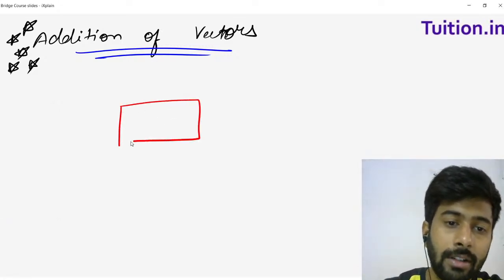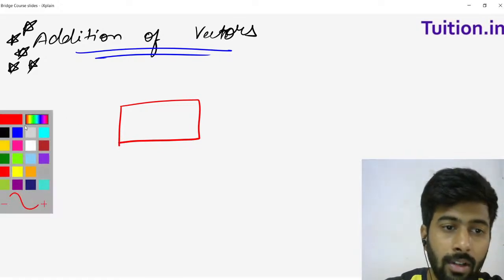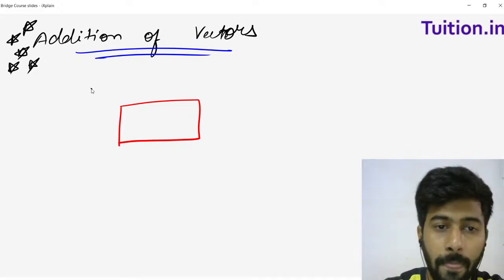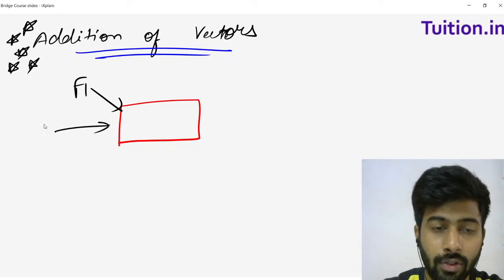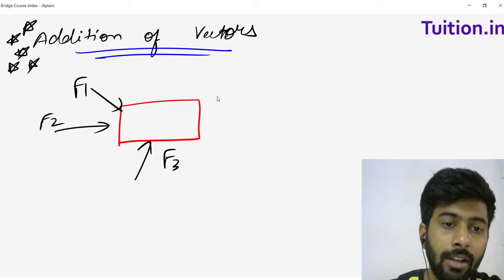You will have a box, and you will have force 1, F1, force 2, F2, and force 3, F3, acting like this.